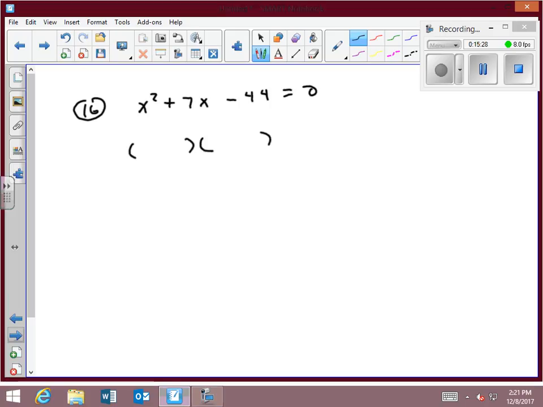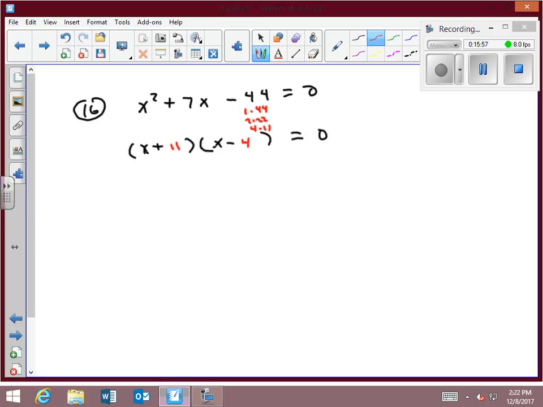So you would do x, and you'd say plus and minus, and then you would say, well, it's got to be a difference. That 7 is a difference. 1 and 44, not there. 2 and 22, not there. 4 and 11, and you'd say the difference is 7. There it is, right? The 11 has got to be positive, and the 4 is negative.